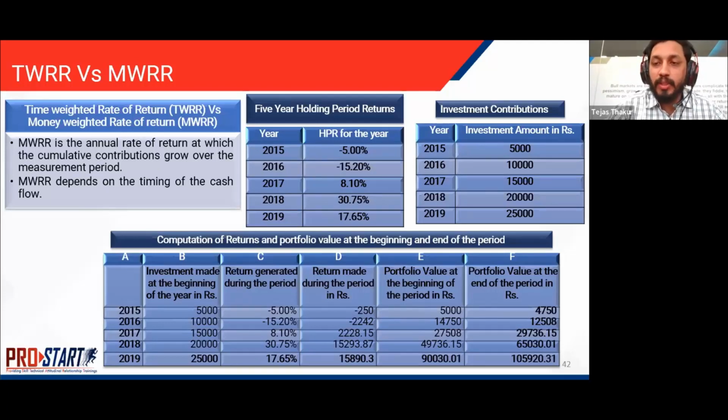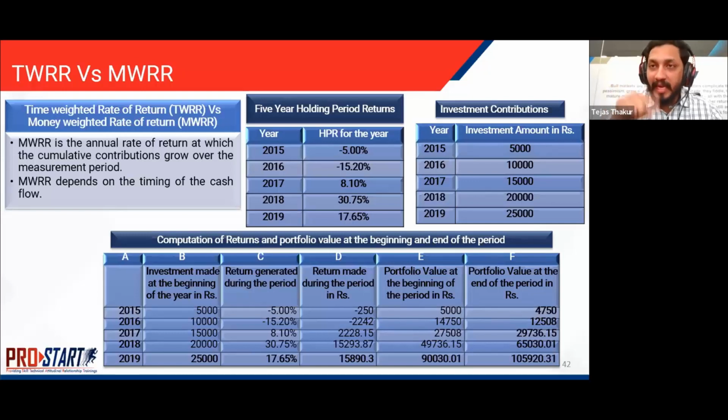Similarly, in 2016, since you already had a 4,750 number, plus you added another 10,000 to your kitty, the initial value is 14,750, on which there was a negative return of 15.2%, which means you lost 2,242 rupees, and hence the ending value is 12,508, and so on. If you do this for the next 3 years, the final ending value comes to 1,05,920 rupees.